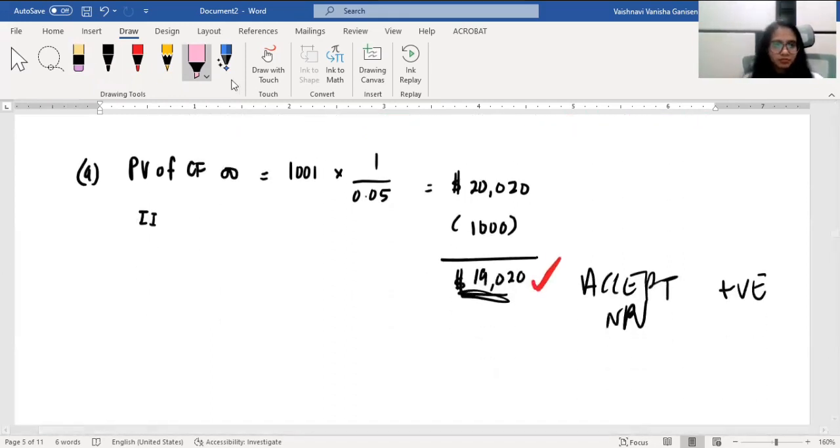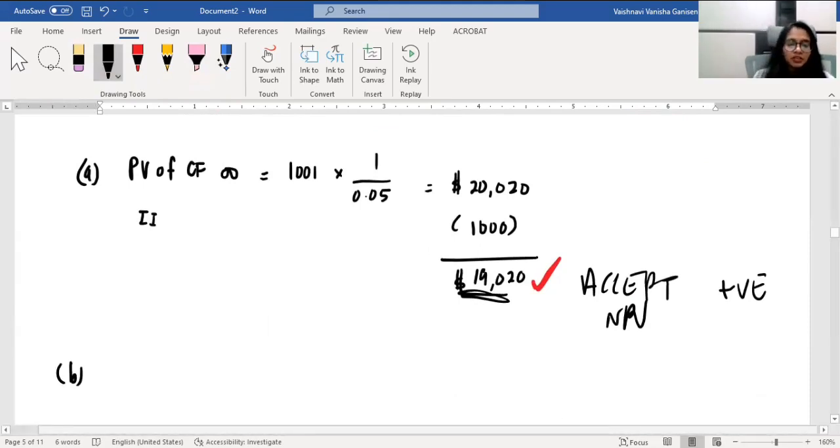How you do it is you first find the discount factor. So 1 over R minus the annuity factor of year 2, because you're discounting from year 3, so you deduct the first 2 years first.